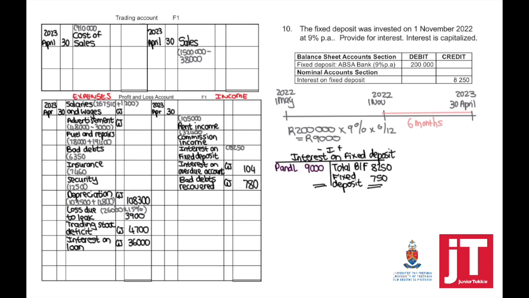And because interest is capitalized, this will be added to the fixed deposit account. So on the credit side, because it's an income, I'm going to say my interest is supposed to be 9,000. The difference, that 750, means it is still outstanding.